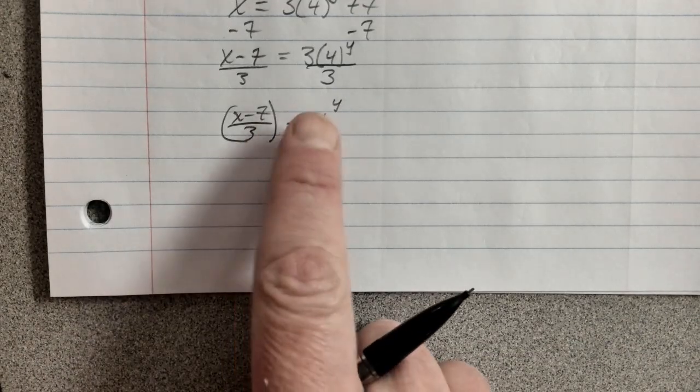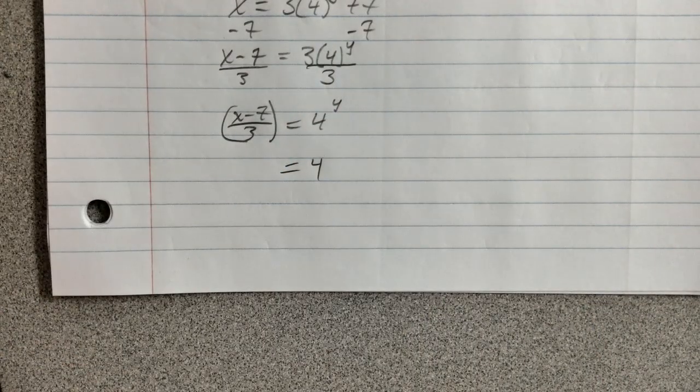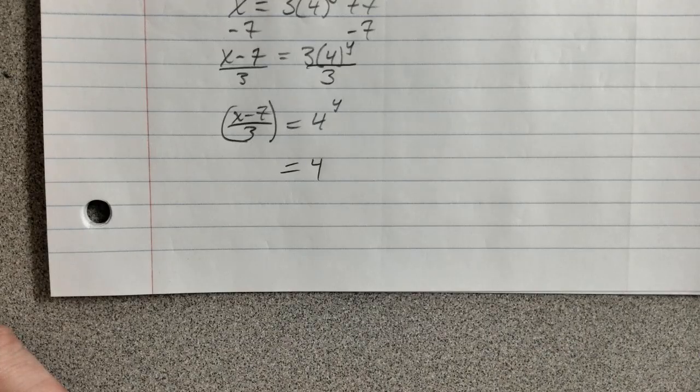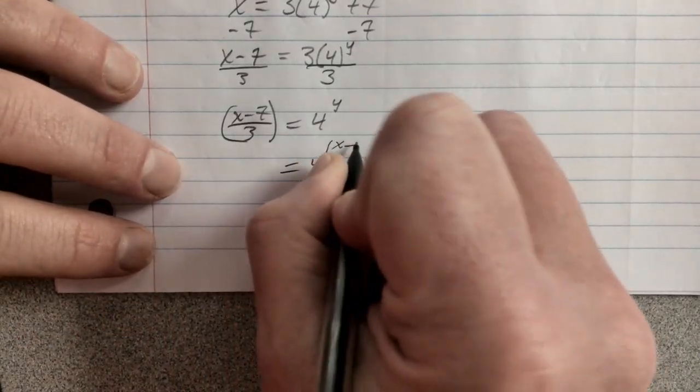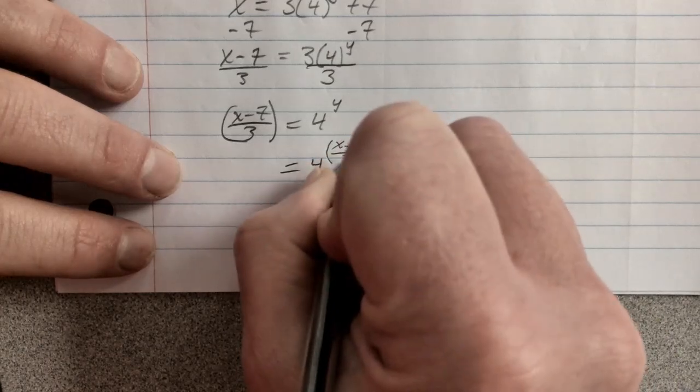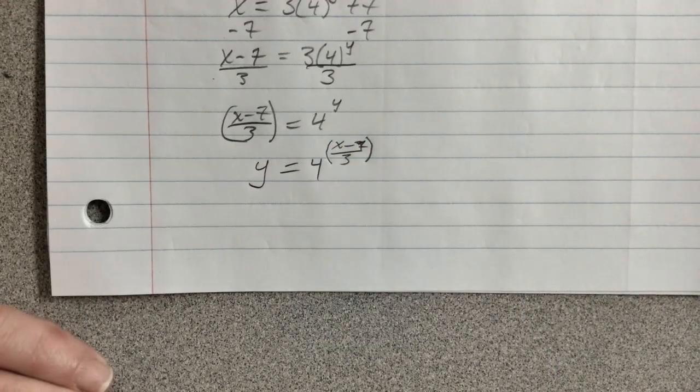So what is our base here? 4. I'm going to leave it on the right-hand side because I'm lazy. What is the exponent now going to be? x minus 7 over 3. Make sure that you're writing it as an exponent and not as a multiplier, because that's confusing, and all of that equals y.